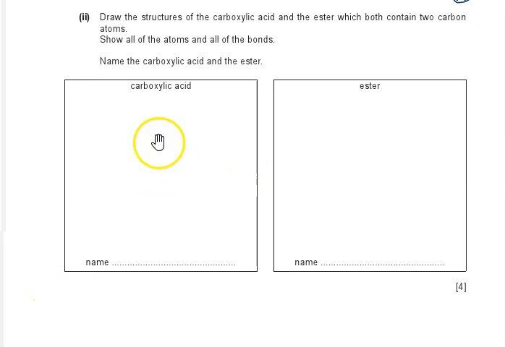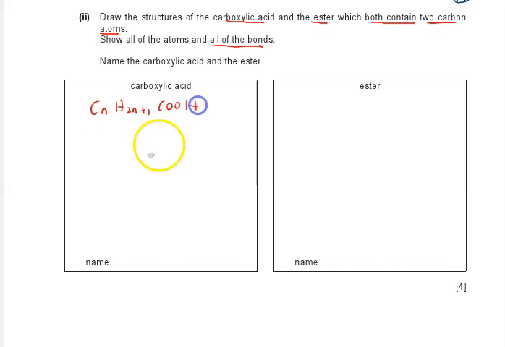Draw the structure of a carboxylic acid and an ester which both contain 2 carbon atoms. Show all atoms and all bonds. For the carboxylic acid with two carbon atoms, remember the molecular formula is COOH.